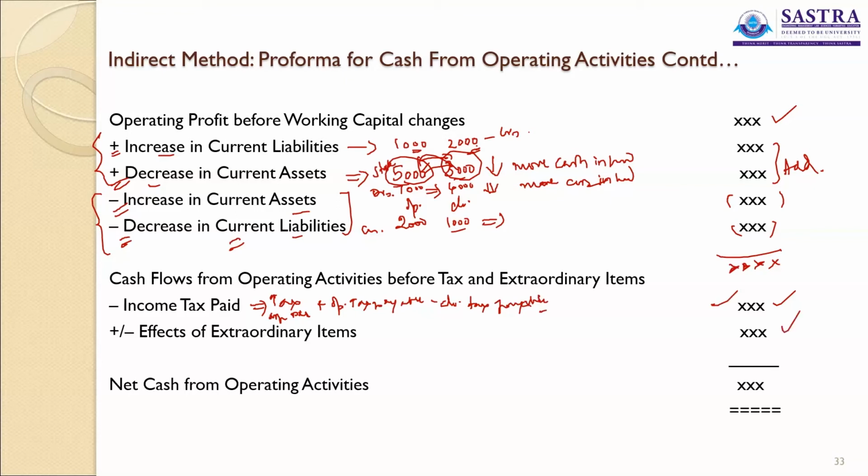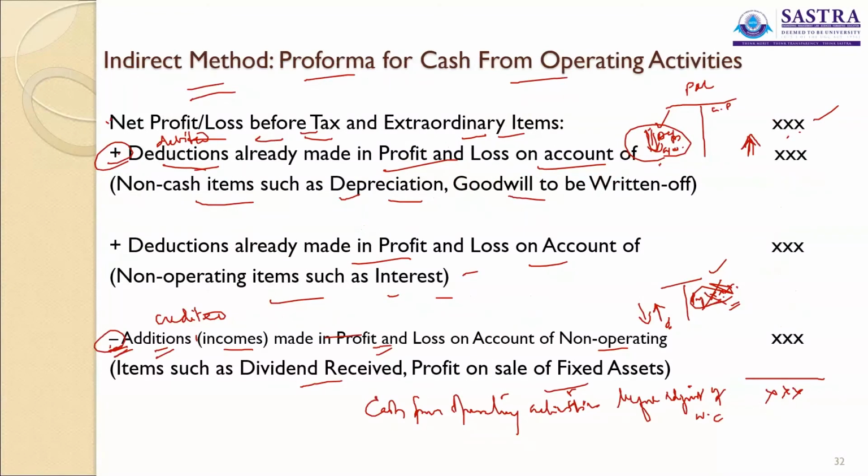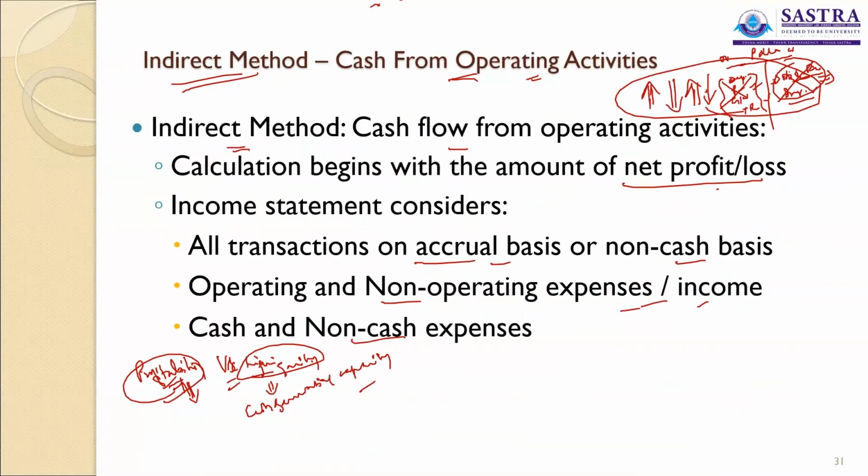And in case of any extraordinary item, effects to be given. So the balance will be your net cash from operating activities. So we looked at the pro forma, and we looked at the meaning of and the application of this indirect method for calculating cash from operating activities.